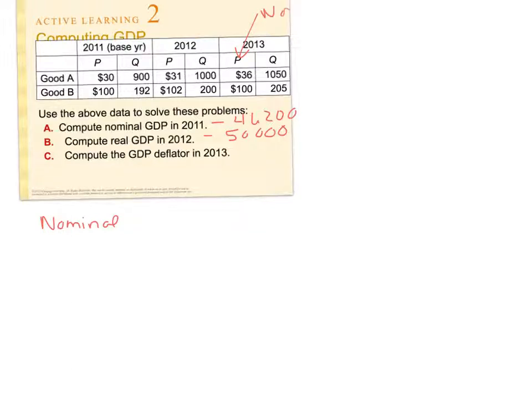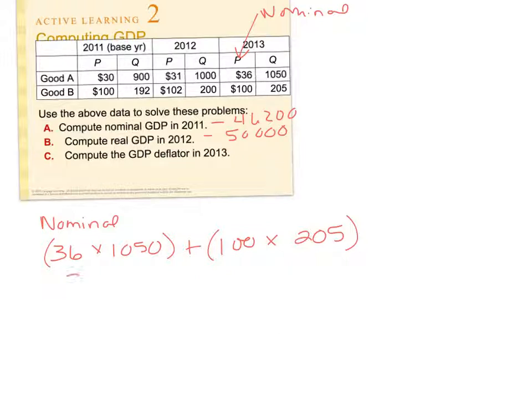So in nominal GDP, we're going to take 36, because that's our price, times our quantity of 1050, plus our price 100 times our quantity of 205. 36 times 1050 is 37,800, and 205 times 100 is 20,500.